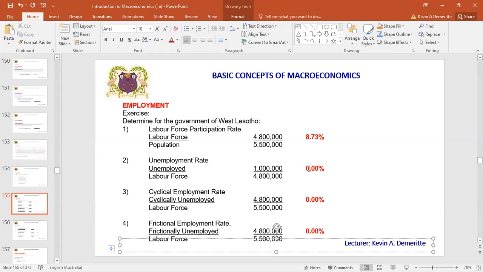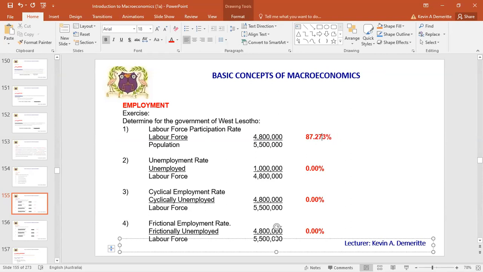Mr. Demerit, this is Lanique Bethel speaking. Yes, Lanique. How come for number one you got 8.73? Maybe it's just me, but when I timed it by 100, you got 87.27.